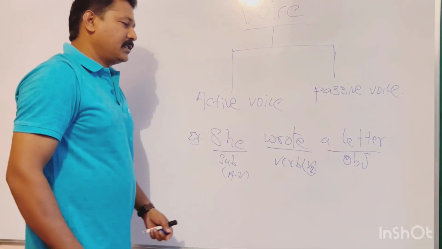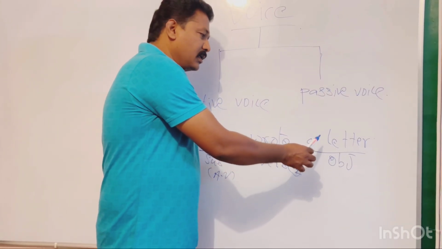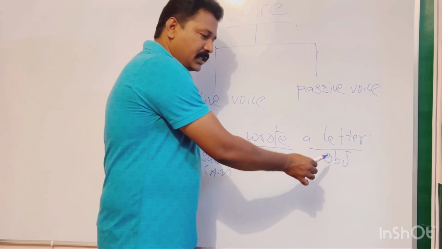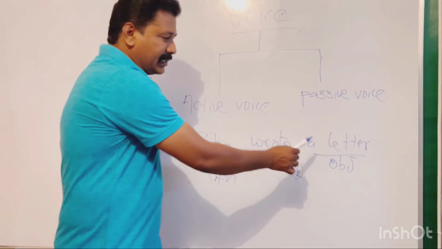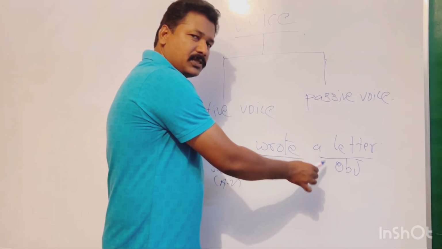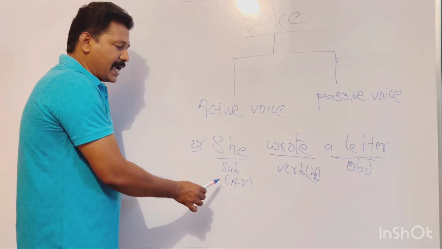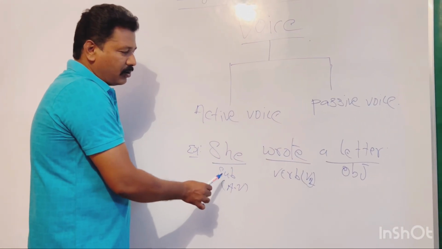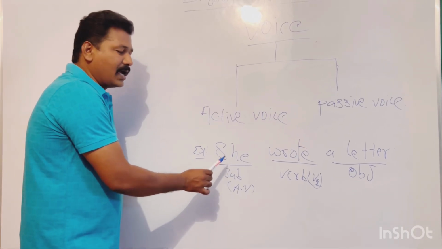Look at the object here, the letter. It was written by the subject. So letter is the object, which is passive, whereas the subject is she, which is active. That is why we say that this sentence is in active voice.